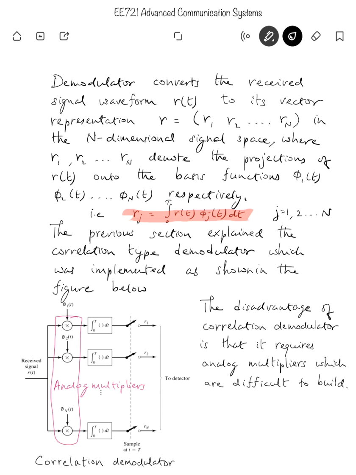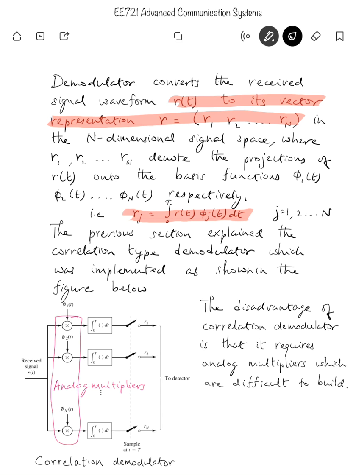So the job of the demodulator is to translate or convert the waveform into its vector representation. So as you see here, R of t is converted to its vector representation, right?